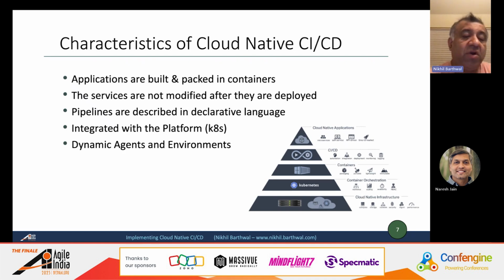Then we are talking about dynamic agents and dynamic environments. At scale, we need agents that come and go, that can scale up and down. To some extent, even the environments follow the same principle. We have the concept of ephemeral environments, which are short-lived environments. They can be used for a lot of things, for example test cases: you spin up an environment, you do the testing.